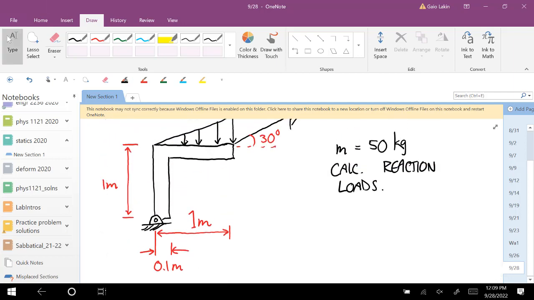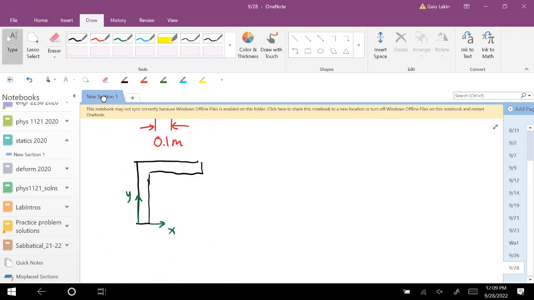I'm also going to put the about point there eventually. And so let's break this up into two rectangles. You could do it by subtracting one, but that means this top rectangle, I'm going to call that piece 1, and this tall skinny rectangle is going to be piece 2.